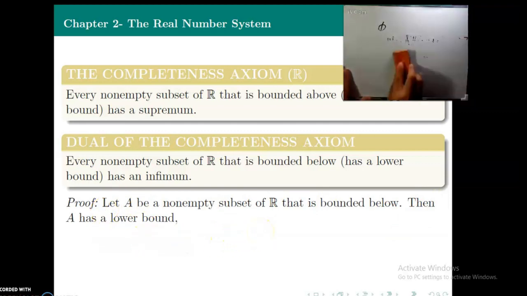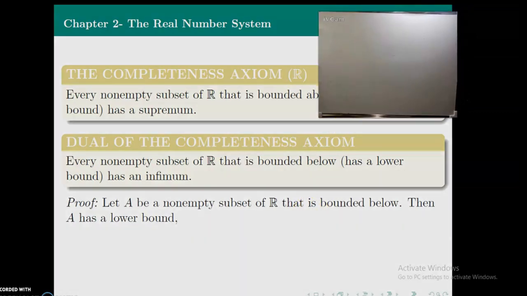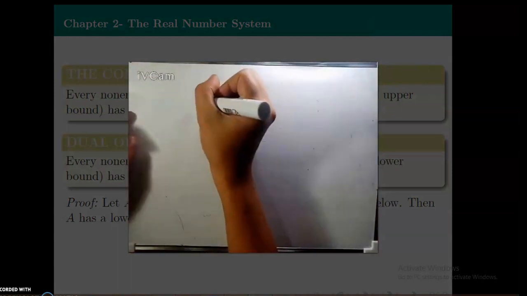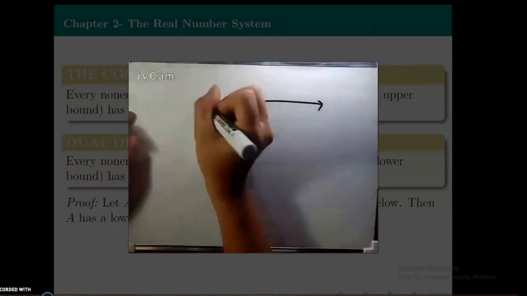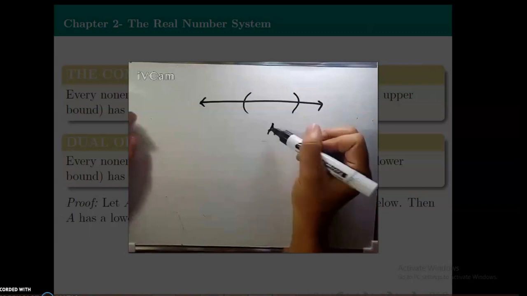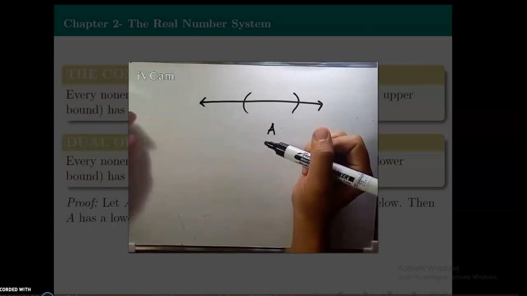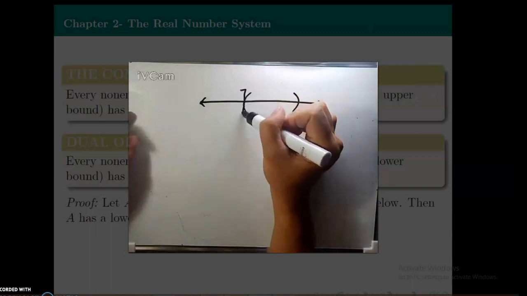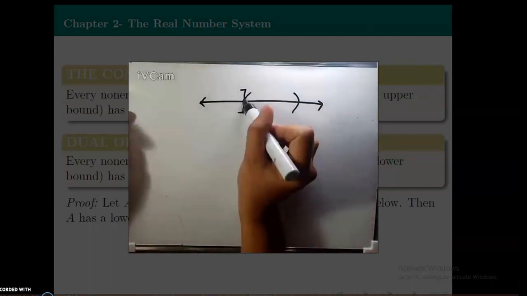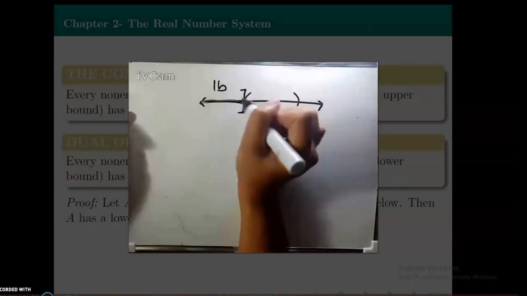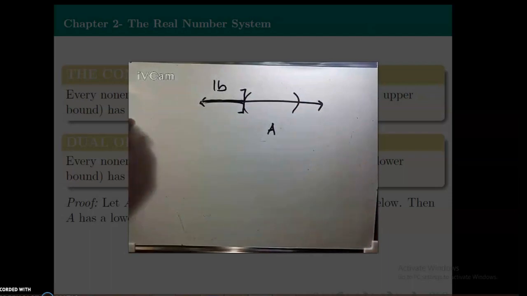So, just like here, let's try to consider set A. For set A, we have here the real number line. So for example, this is A, and if A is bounded below, it means it has a lower bound. So this would be the lower bounds of A.